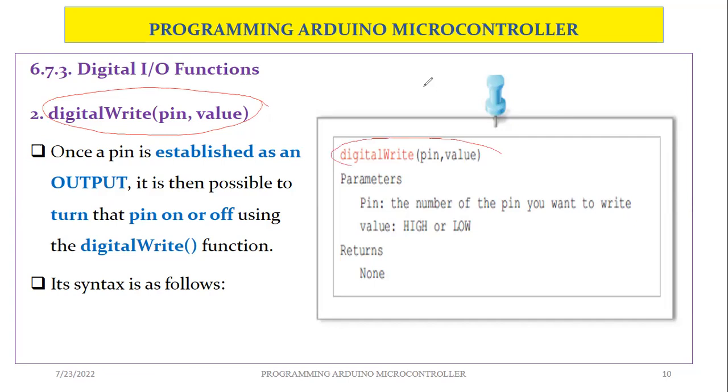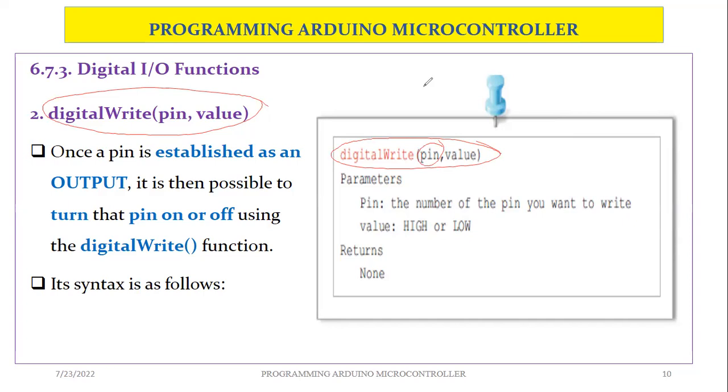So this is the syntax for using the digitalWrite function. The pin here is a variable representing the pin number that you want to write to. Like in the previous example, we had the LED connected to digital pin number 13.